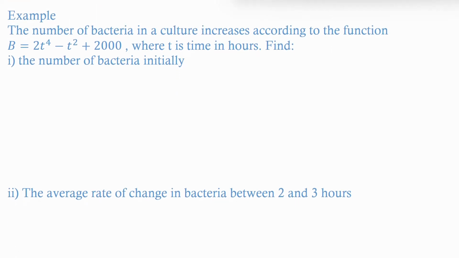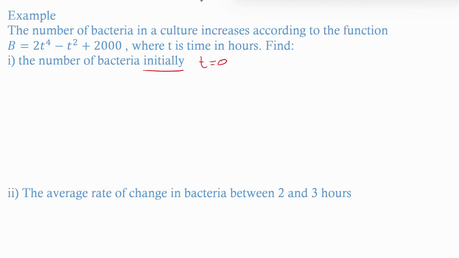The number of bacteria in a culture increases according to the function b equals 2t to the power of 4 minus t to the power of 2 plus 2000, where t is time in hours. So we need to find the number of bacteria initially. Whenever you see the word initially, we know that means when time equals 0.